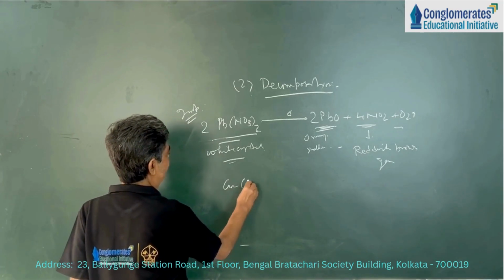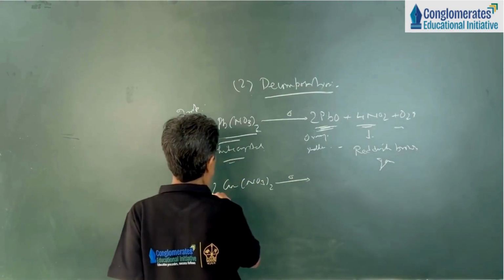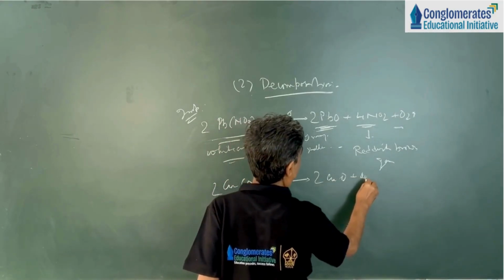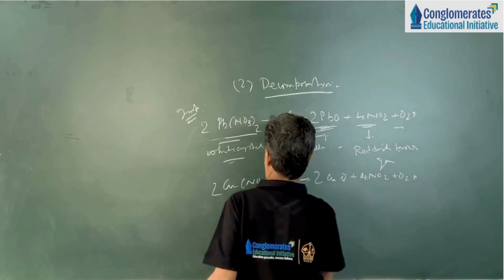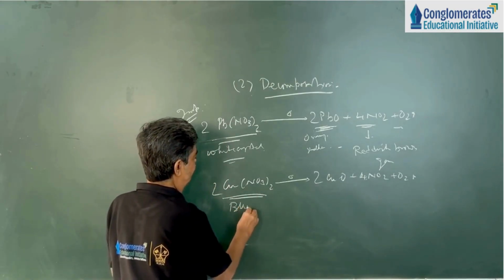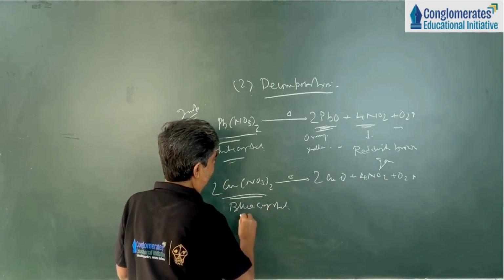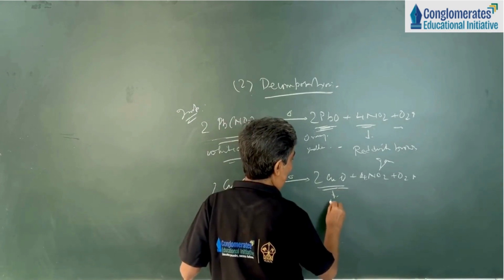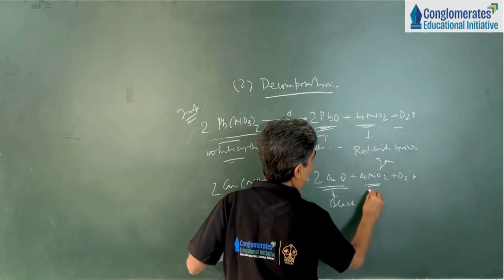Copper nitrate. Copper nitrate on heating gives 2CuO plus 4NO2 plus O2. Now see, copper nitrate is a blue crystal. On heating, we get a solid residue which is black, and here we get brown fumes.